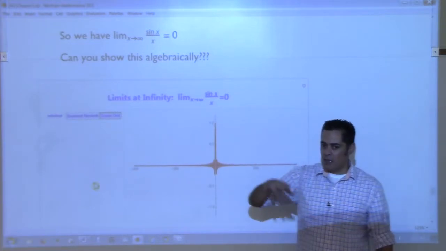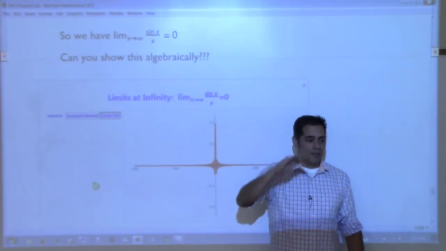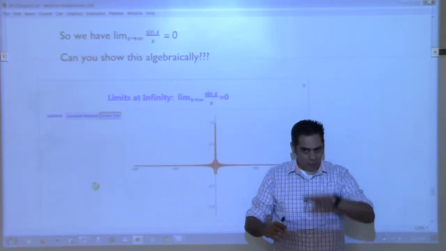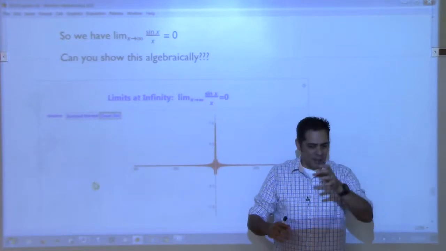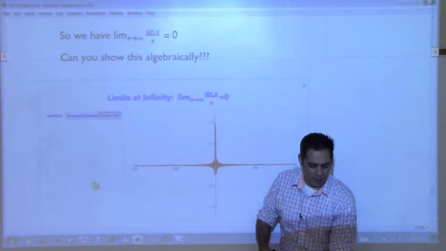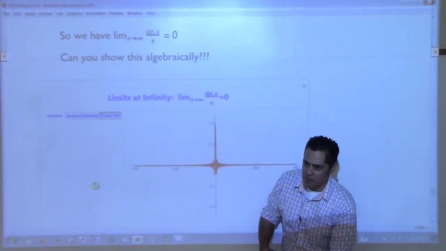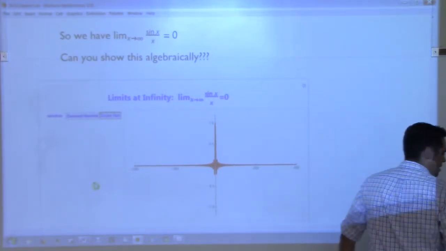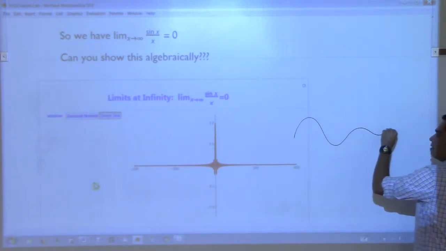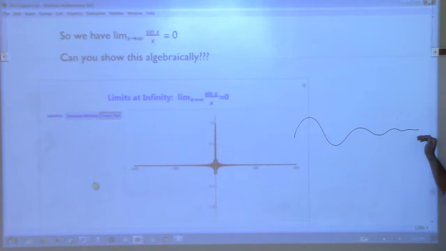So sine functions, we like to use them in physics because a lot of things, like if I drop a ball, it's going to bounce, right? So a sine function would model that, except that as you bounce the ball, it's going to be lower and lower each time, and eventually it stops. This function is a better way to model a bouncing ball because it tapers off to nothing.